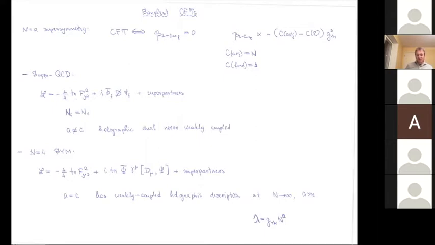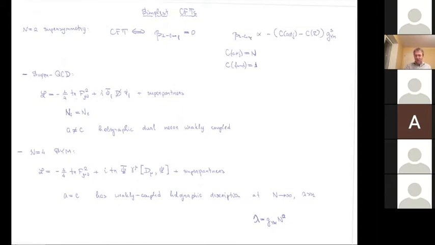If you look at the third condition, namely that the anomaly coefficients should be equal, then this condition is satisfied for super Yang-Mills. Indeed, A is equal to C in super Yang-Mills. And this theory has a nice weakly coupled holographic description.